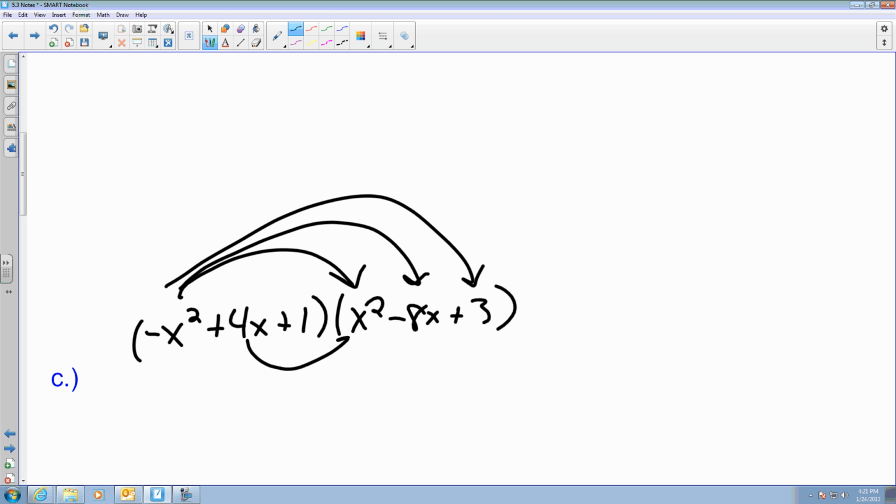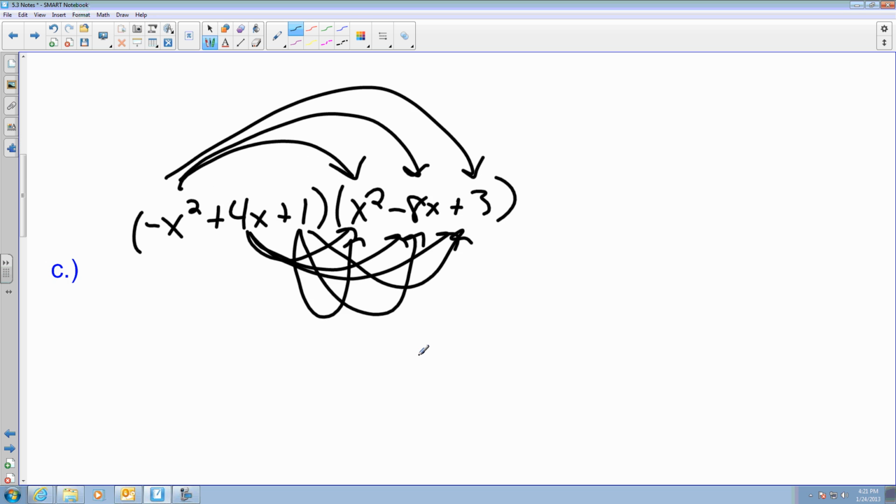So now I got 4x, I'm going to multiply here, and then lastly I'm going to go here, here, and here. So dealing with my first one now, that gives me negative x to the fourth plus 8x cubed minus 3x squared.